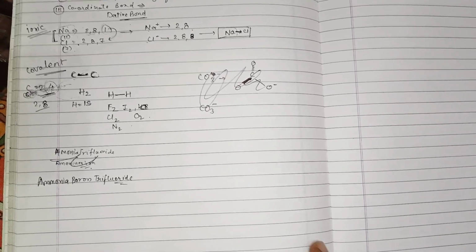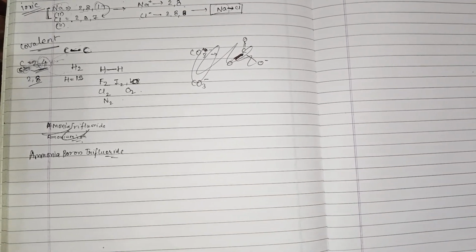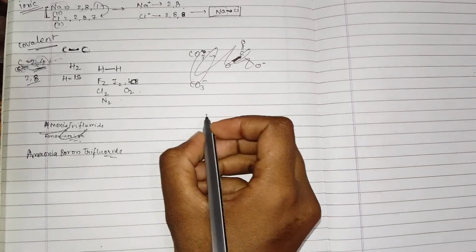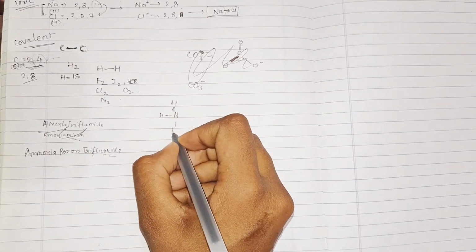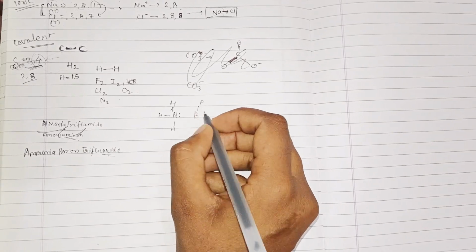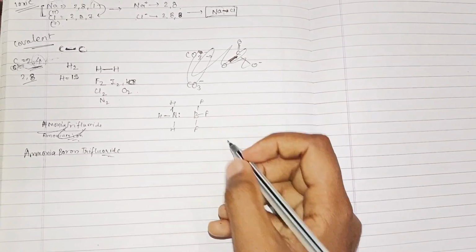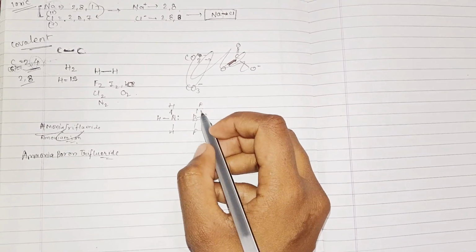An example of a coordinate bond is ammonia boron trifluoride, like ammonia having a pair of electrons in it, and boron trifluoride. Here you can see the boron octet is not complete even though three fluorine atoms are joined to it.